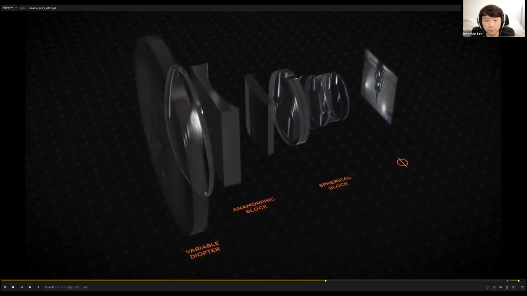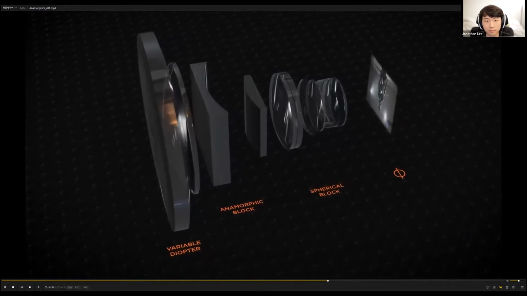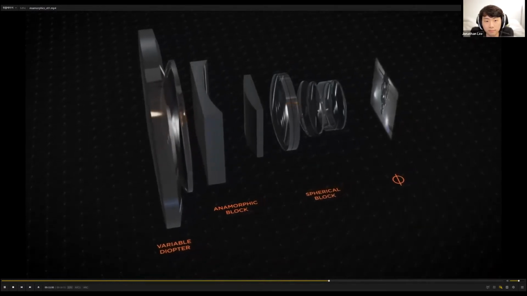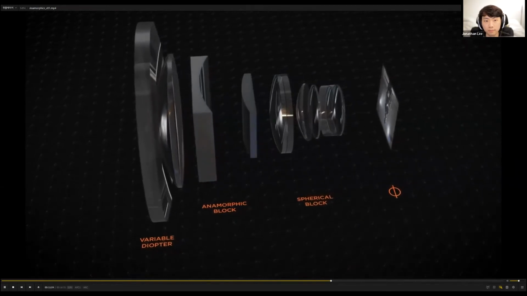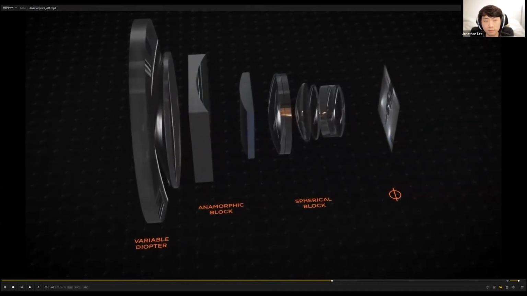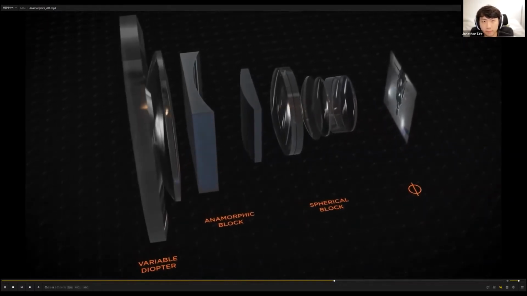Using variable diopters is a simple and elegant concept. The spherical block is fixed to infinity focus. The anamorphic block is also fixed to infinity focus, and they never move. In front of the system, two more spherical lenses are added. These two elements cancel each other out when they are very close.